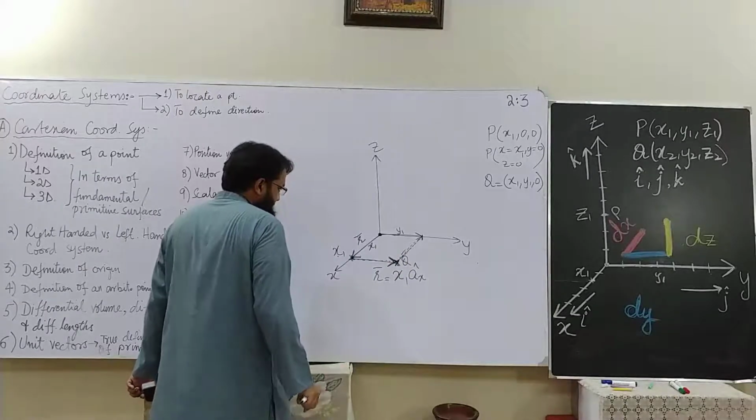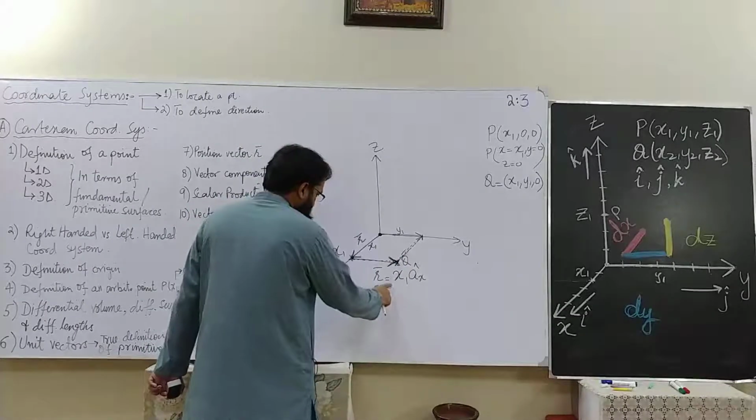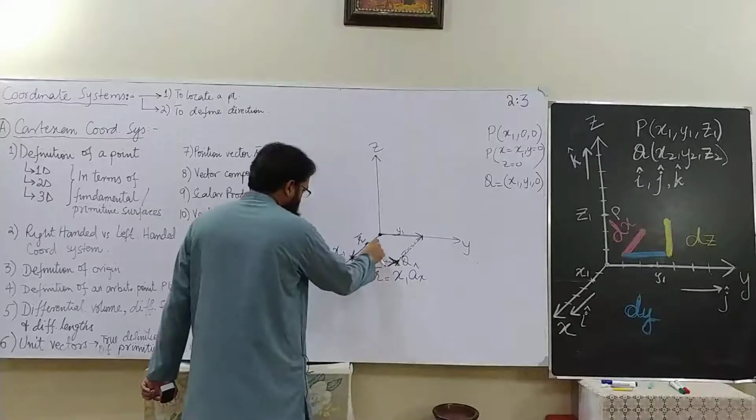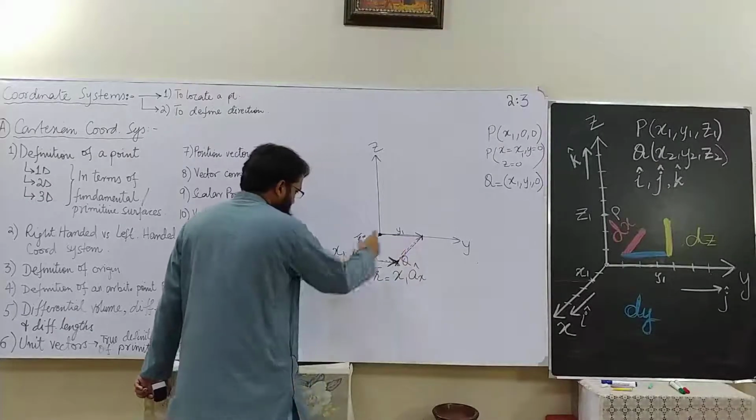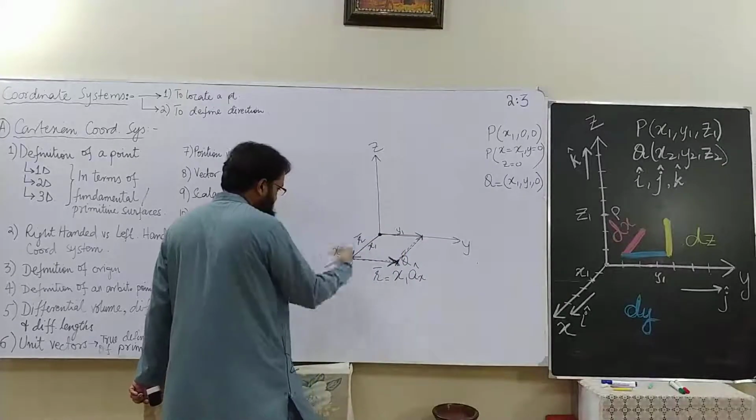Earlier, when we were discussing point P, we had only one component in the x direction. Now we have two components of movement.